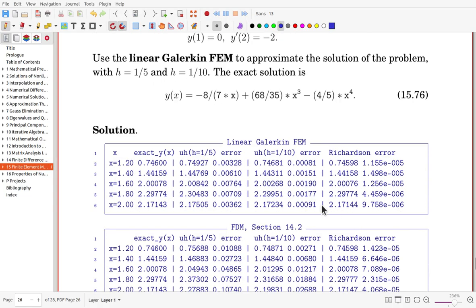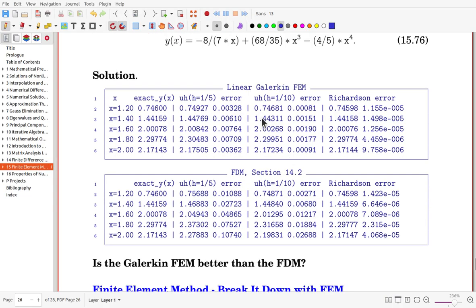Here you can see the solutions from linear Galerkin FEM and from the earlier finite difference method. Let's compare errors. When h is 1/5, the errors are given in this way through the points, and through the points we have this error.